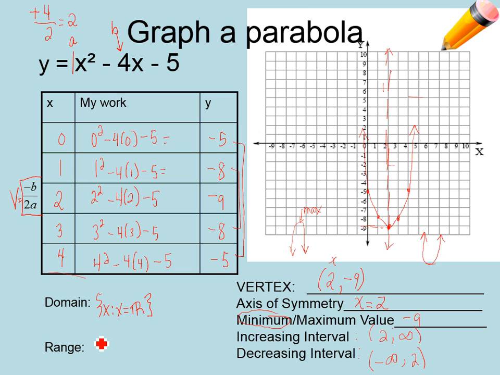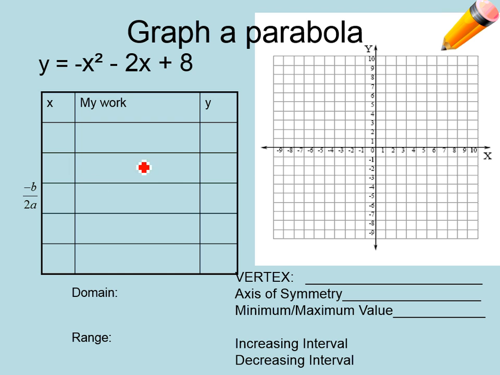But my range is not going to be all reals. My range, look at this graph. The minimum value that graph touches is negative 9. It's not going to go below negative 9. So the range is y such that y is greater than or equal to that minimum value. So that's my domain and my range. Okay, let's try another one.